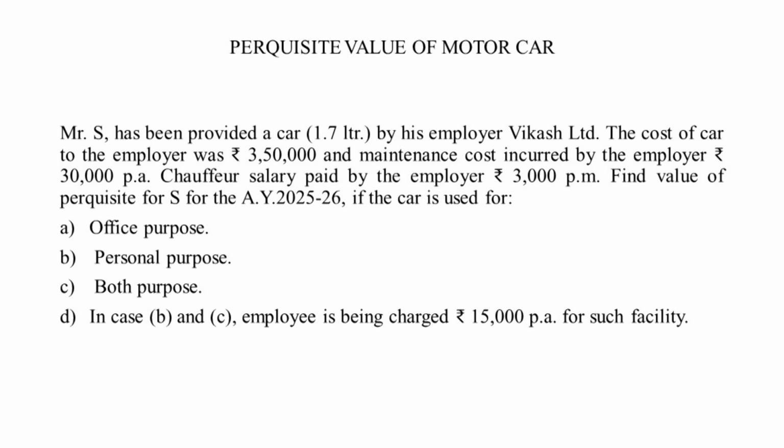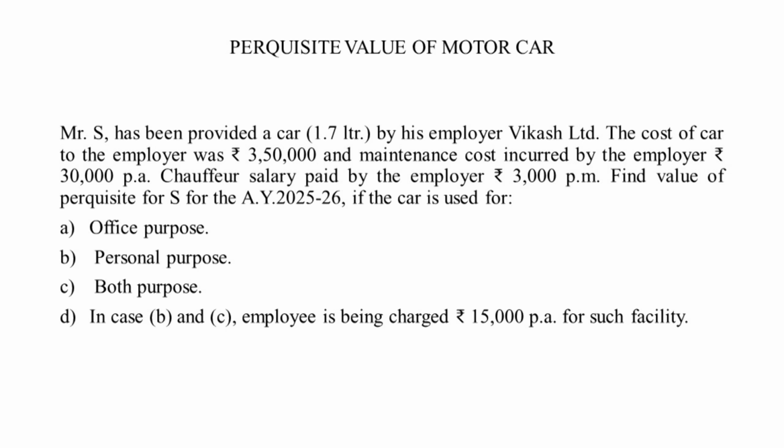In this case, employer Vikas Limited provided Mr. S the car, and the cost of the car is rupees 3.5 lakh, that means 3,50,000. The first case is for the office purpose. If the car is given by the employer to the employee only for the duty purpose, only for the office purpose, then it will be fully exempt from tax, because there is no perquisite, because there is no facility.